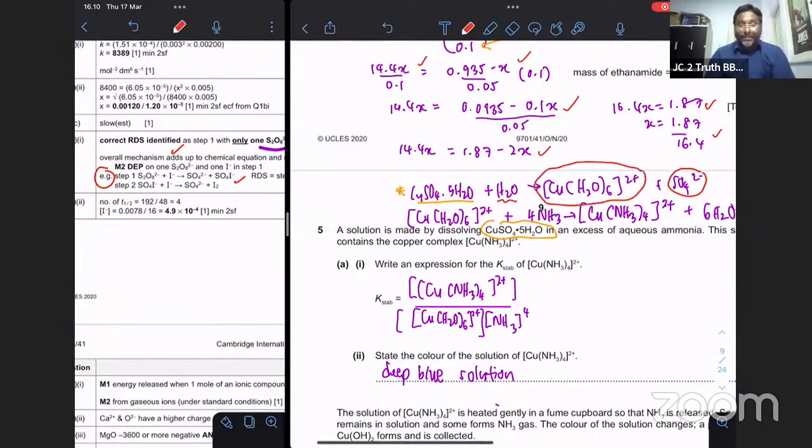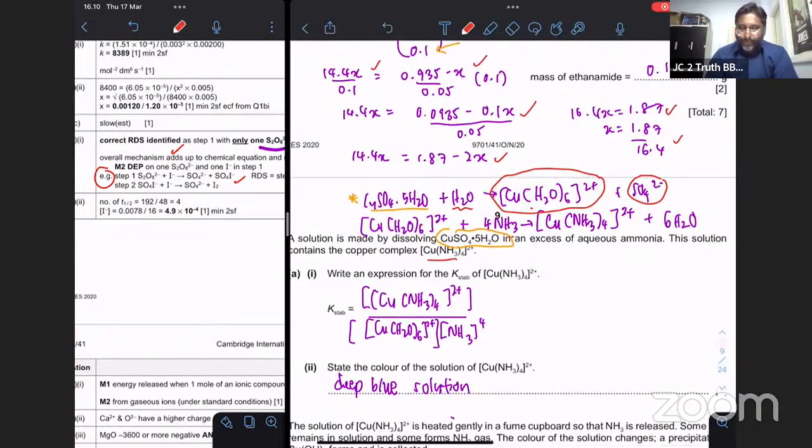This is very important. They are going to change from here to here. Once you have that, they will react with ammonia. You can see the reaction: the 4 ammonia molecules will do the ligand exchange with the water. They will remove the water.